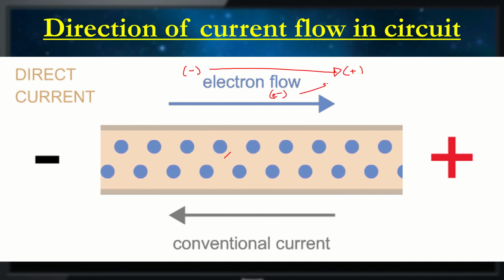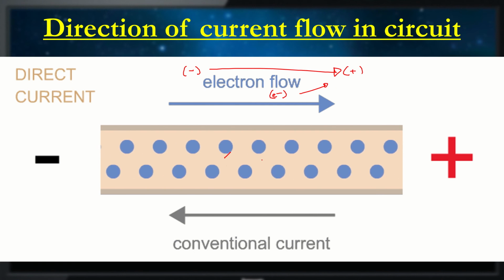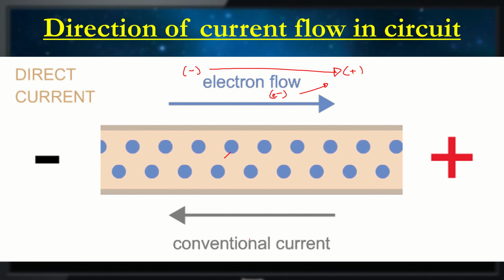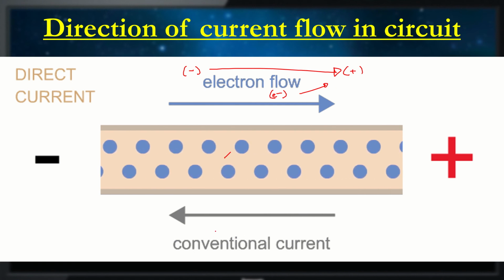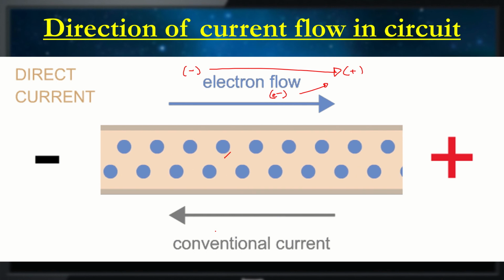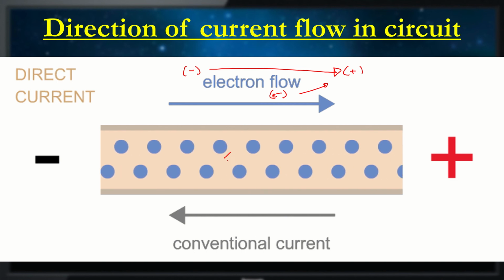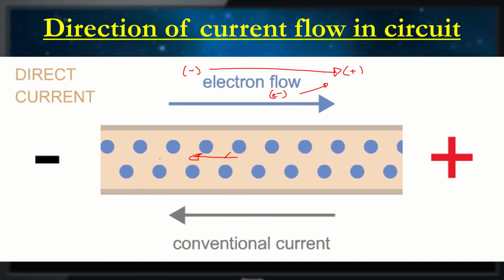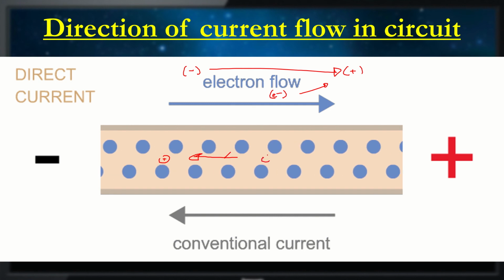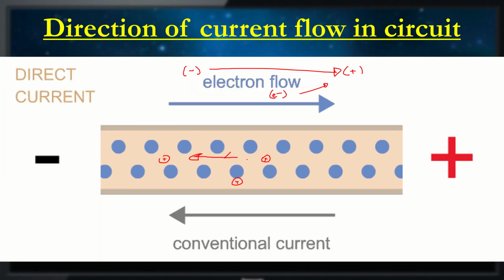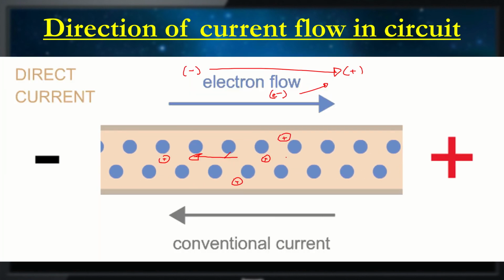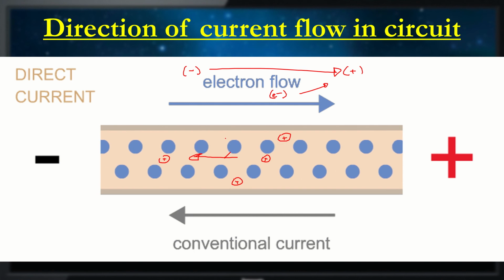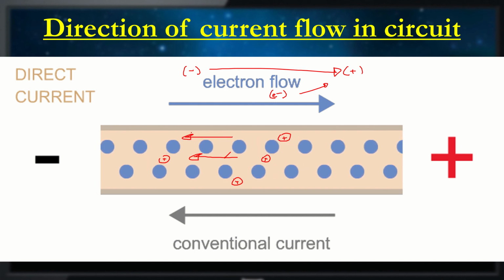They're going to want to move to the positive end of the electric field. The conventional current is always going to try and travel to the negative side. So what we're seeing here is the flow of electrons. The flow of the positive charge densities left behind by the electrons is going to go in the opposite direction of that.